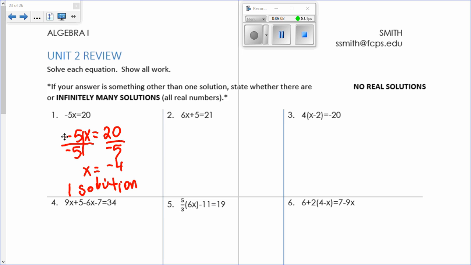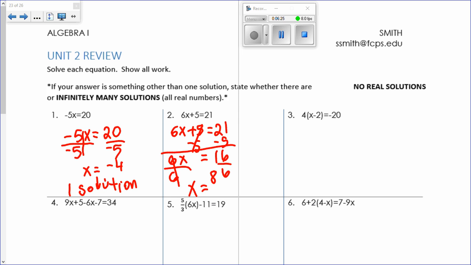Next part, we have 6x plus 5 equals 21. Minus 5 on both sides of the equal sign: 6x comes down, this goes away, equals 16. Divide both sides by 6. This reduces to x equals 8 over 3. And there is exactly one solution.